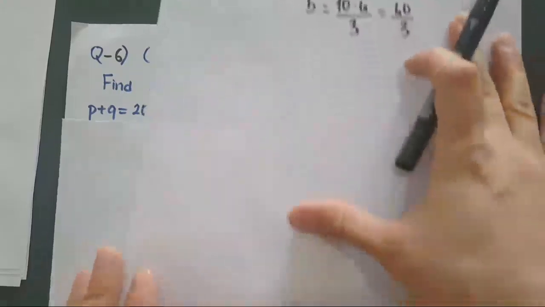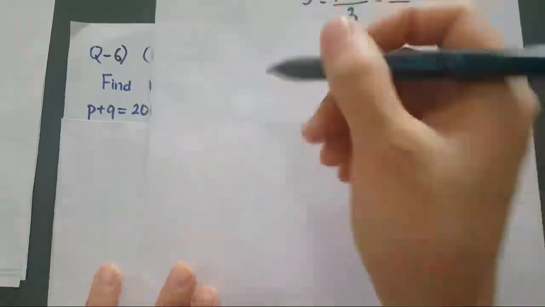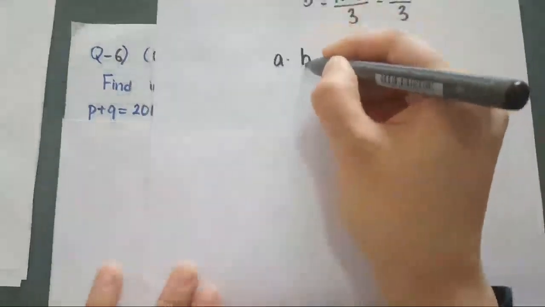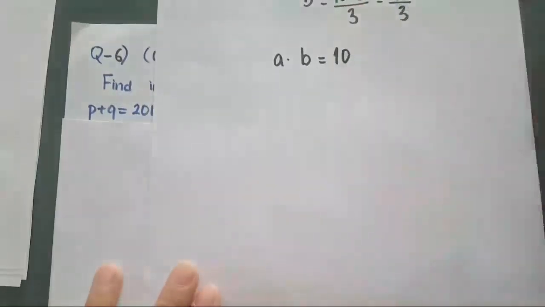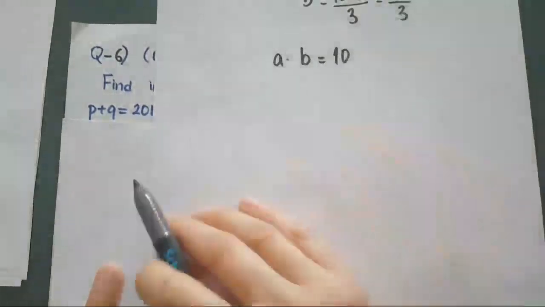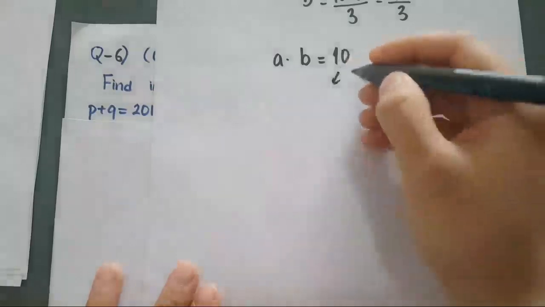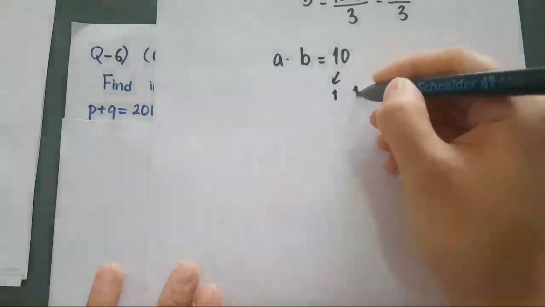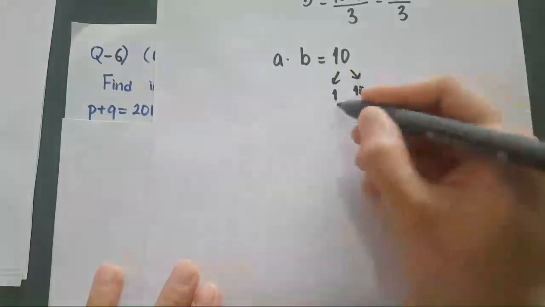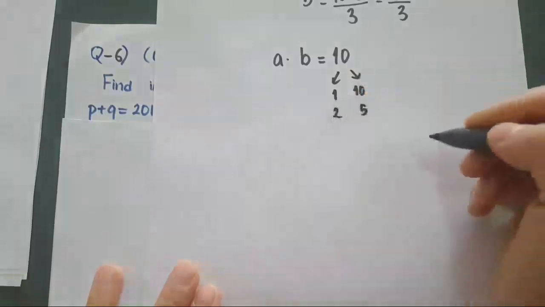No, it is not. But if you are supposed to solve this problem in the set of integers, or it's much easier in the set of natural numbers, a times b is 10. So what are the integer factors of 10? 1 times 10 gives us 10, or 2 times 5 gives us 10.